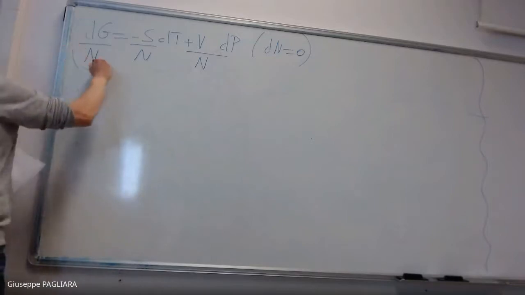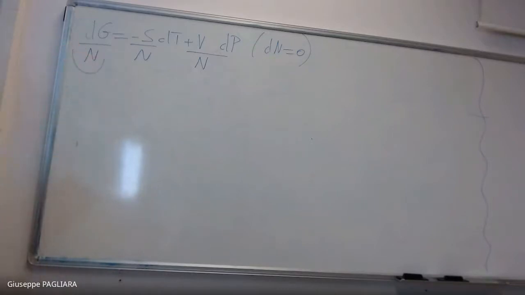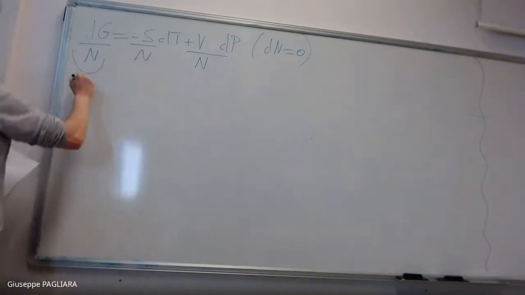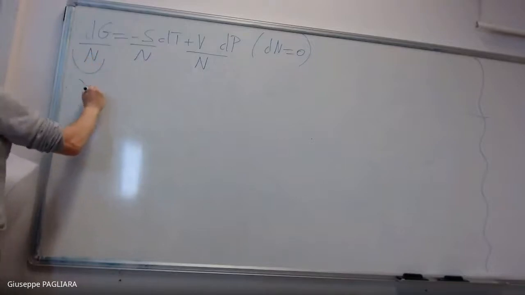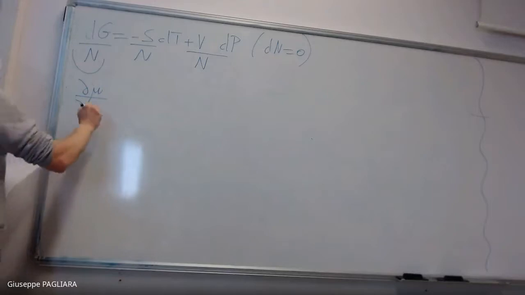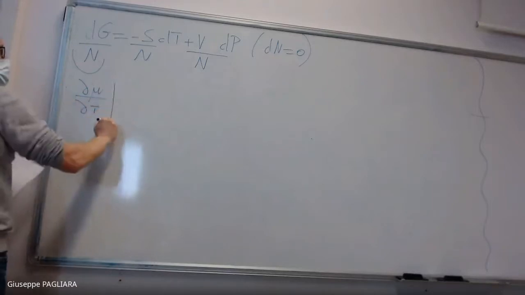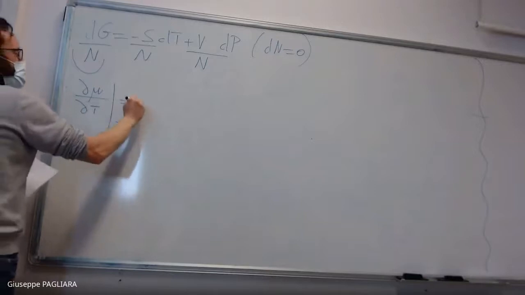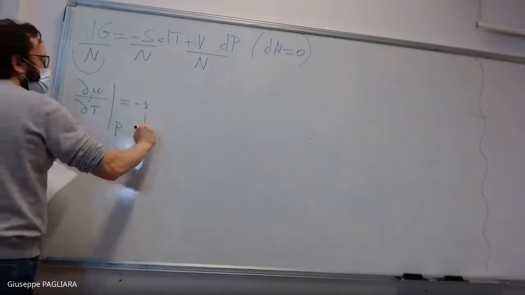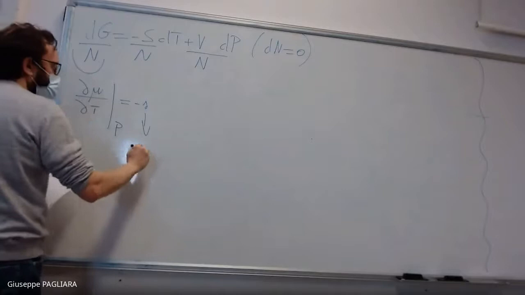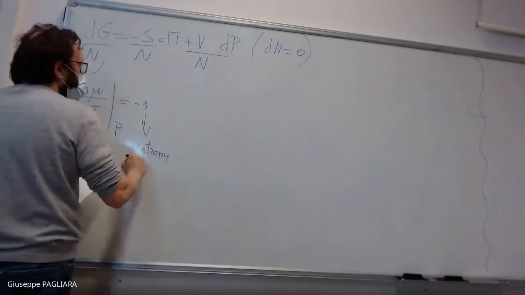Now this is the variation of the Gibbs potential per particle, which is just the variation of the chemical potential. So from this, I derive that the partial derivative of mu with respect to temperature at fixed pressure is equal to minus s, the entropy per particle.